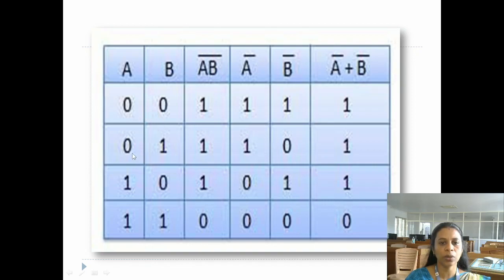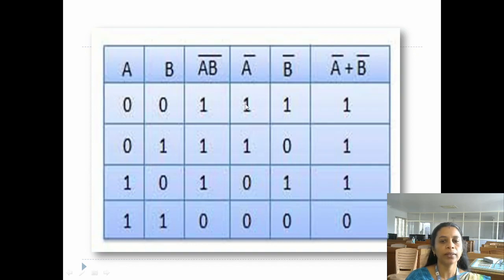The tabular proof of De Morgan's theorem: a and b are the input variables showing the combinations 0 0, 0 1, 1 0 and 1 1. Taking the product of a and b by the dot operator, a dot b gives 0 0 0 1 as the output. Taking the inversion, you get the output 1 1 1 0, which represents the truth table of a NAND gate.